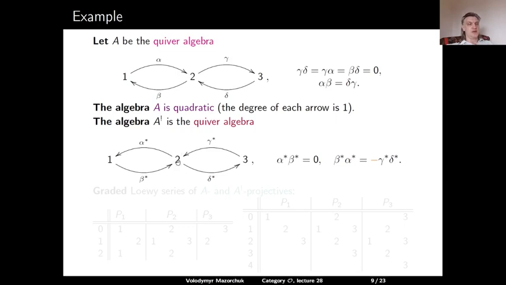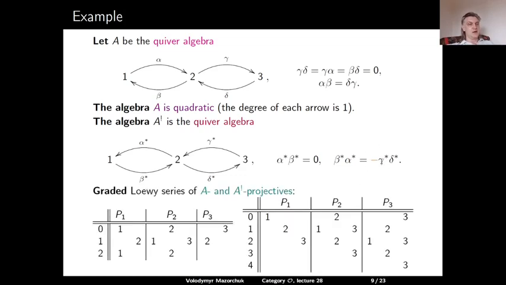So now the dual relation in this vertex will be that beta dual after alpha dual is equal to minus gamma dual after delta dual. Of course, this minus, we can rescale the arrows in the algebra to get rid of, but in the natural basis, it should be there.